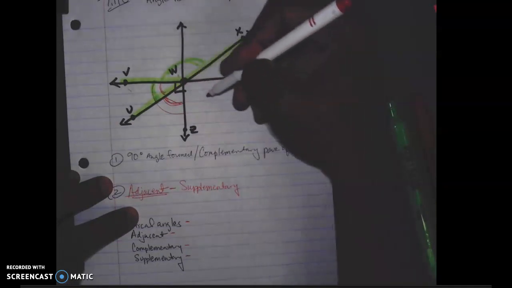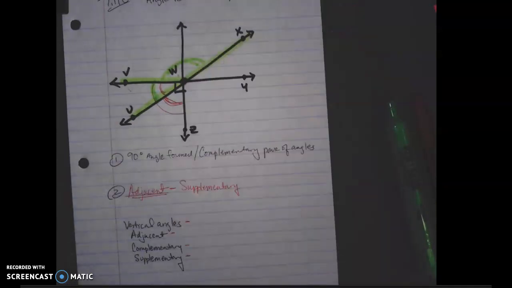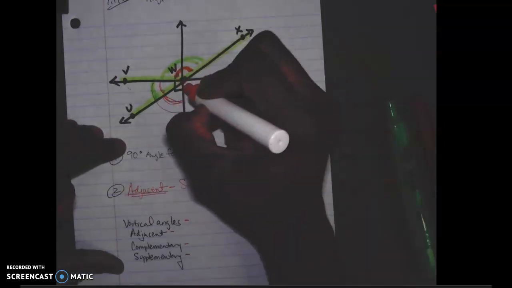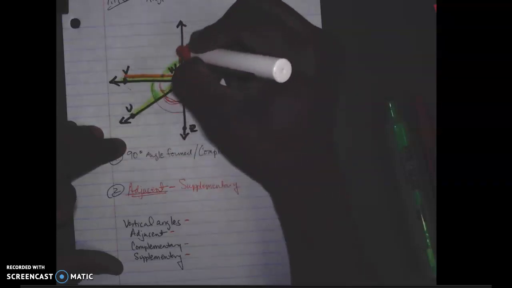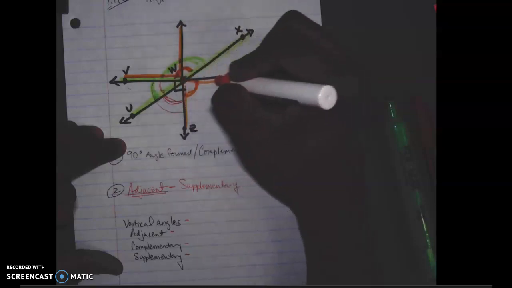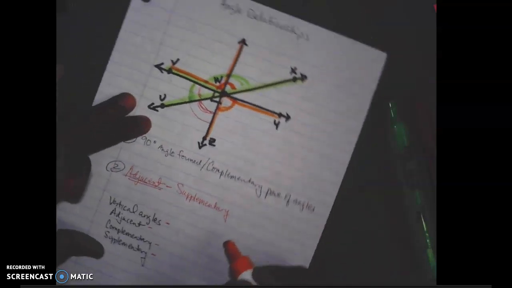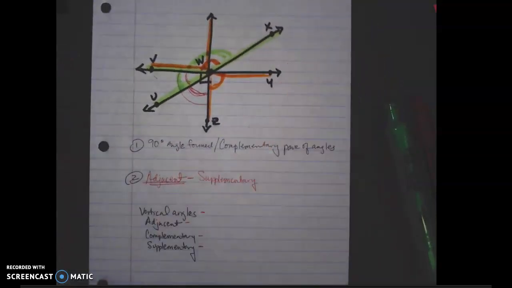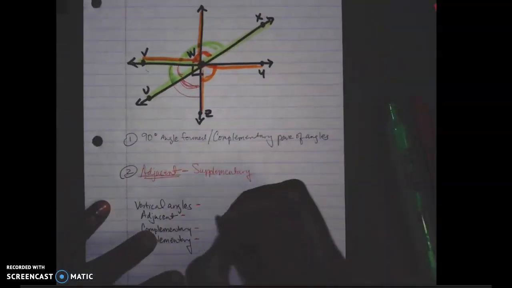So these two angles right here would form a vertical angle. I'm going to use orange to denote that. Orange here and orange here. These are directly across. Do we see that? I know hopefully the colors aren't distracting, but again, vertical angles are directly across from each other, and they share a vertex.